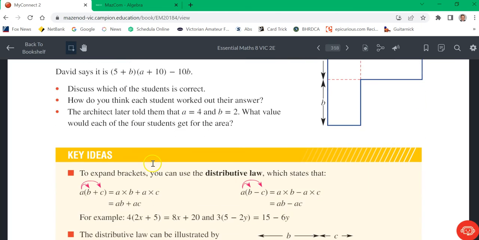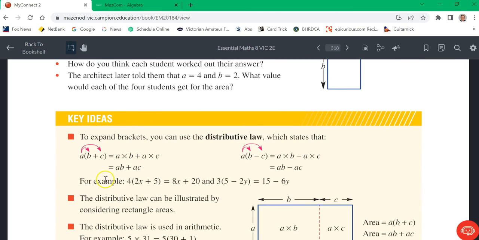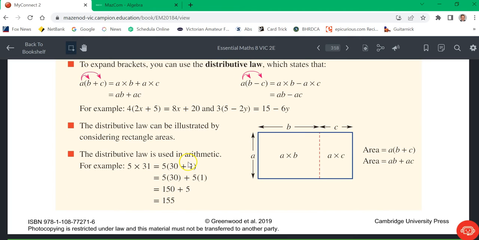Okay, so we are multiplying anything inside the bracket by whatever is outside the bracket, and it's called the distributive law. In this instance here, you distribute A across B and C. And again, you can use it to find areas, because an area formula is one dimension multiplied by another dimension, and that gives us an area.